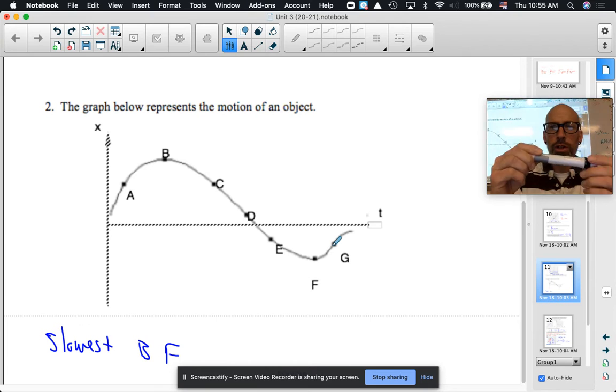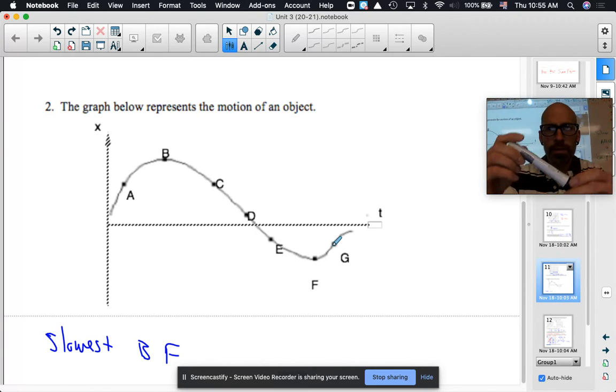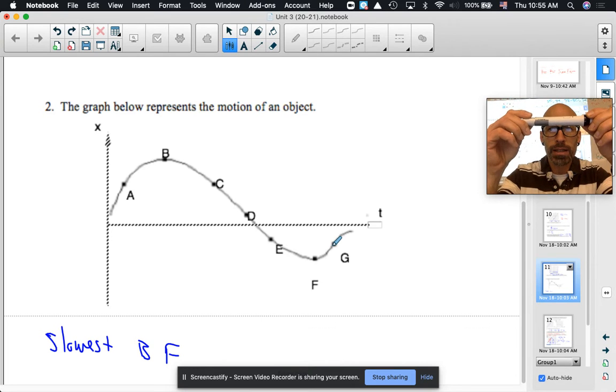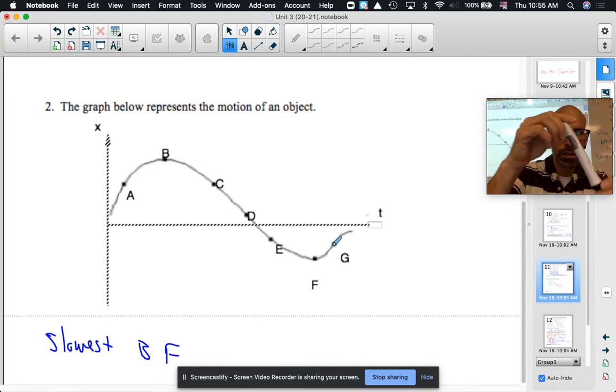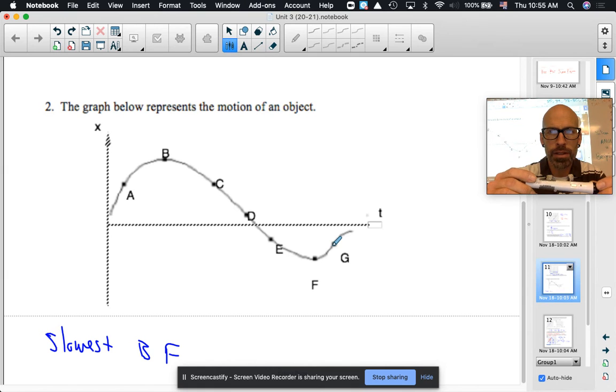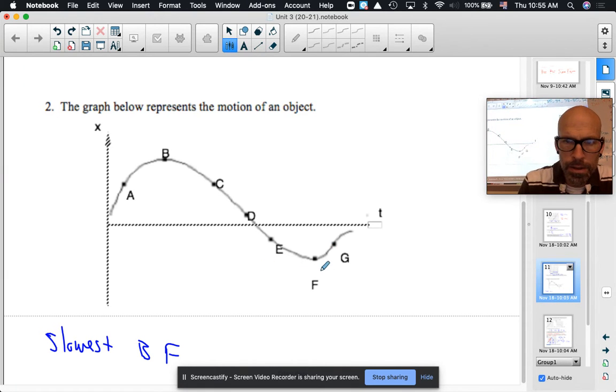And again, use your little pencil or something as a slopometer and follow along the curve, and you'll see, if you're going from B to D, it's getting steeper. And then from F to G, it's getting steeper. Even though the line's going down, the steepness is getting steeper.